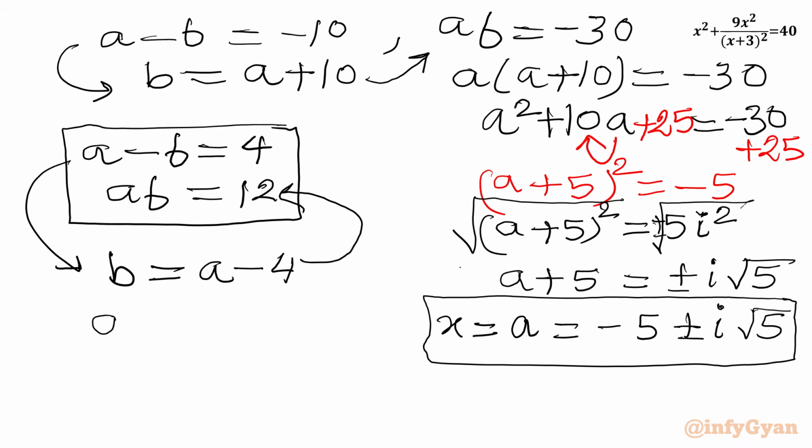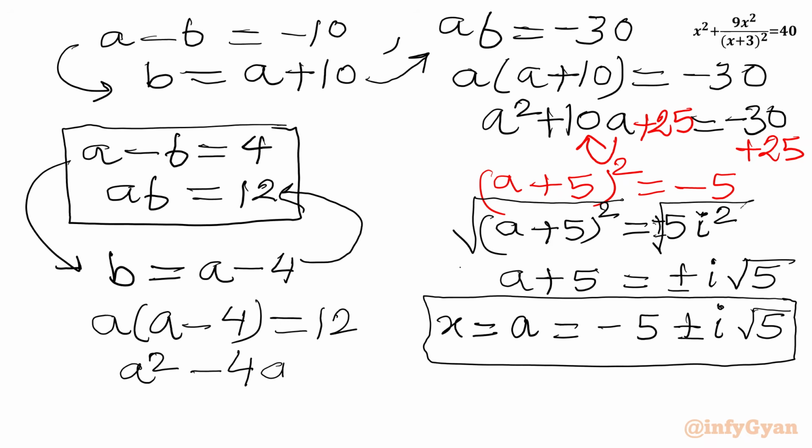So we can write A times A minus 4 equals 12, or A square minus 4A equals 12, or A square minus 4A minus 12 equals 0.